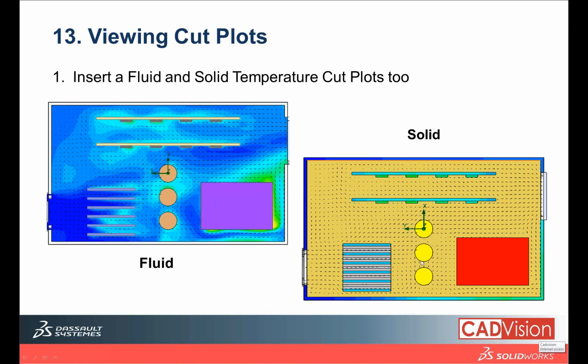We would like to consider also the temperatures of each of the components, the section cut plots of each component's temperature. We can check on that too: what is the temperature of the wall, the heat sinks, the capacitors, the power supplies, and also the PCBs.